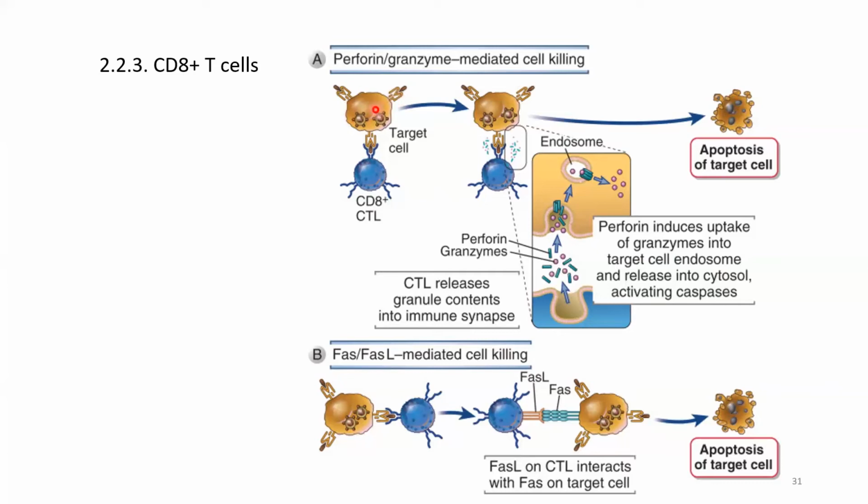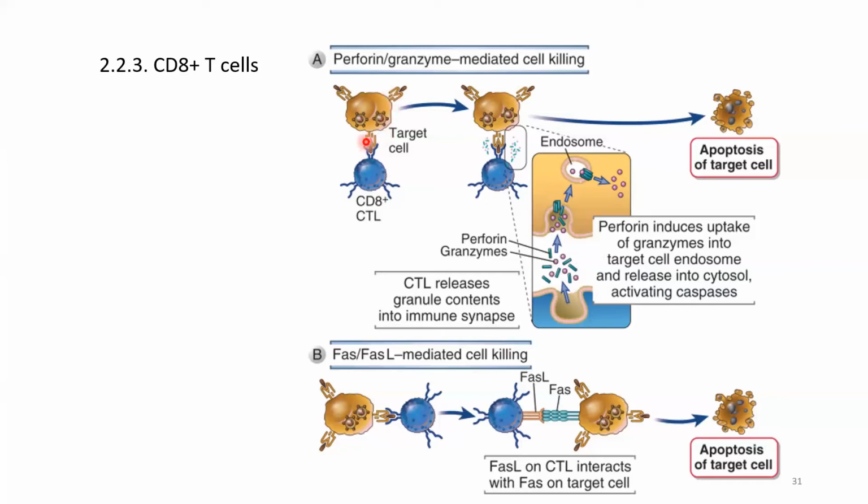Every nucleated cell has MHC class 1. So if our cells are infected, they process antigen and present it on the cell surface via MHC class 1 in order to tell the other cells that we got infected.